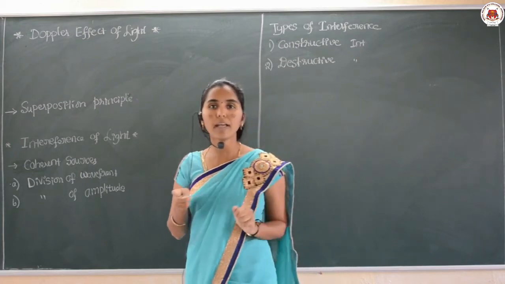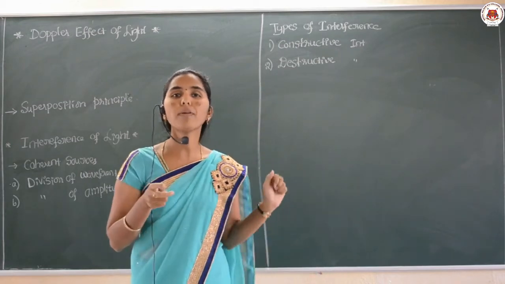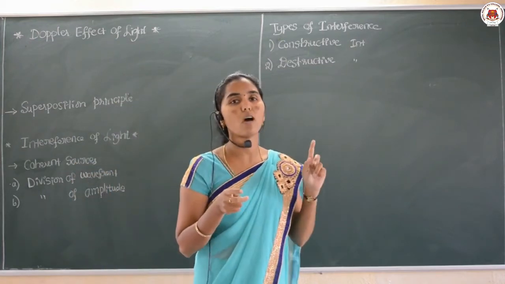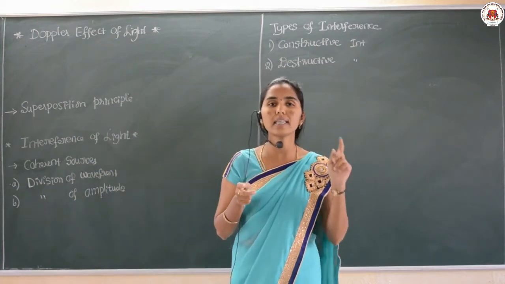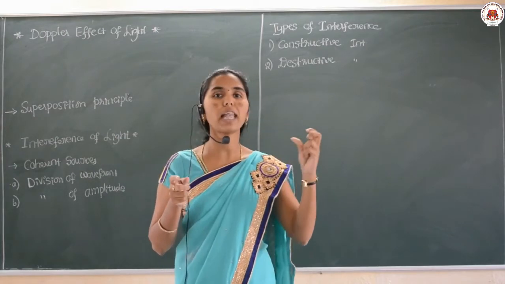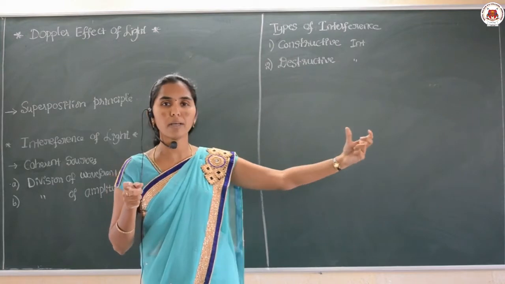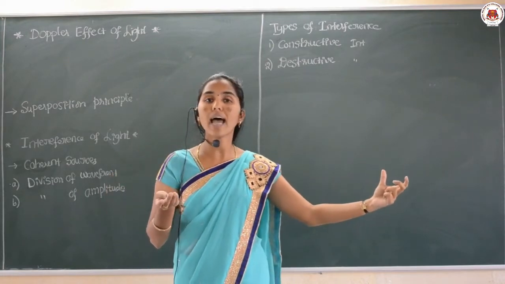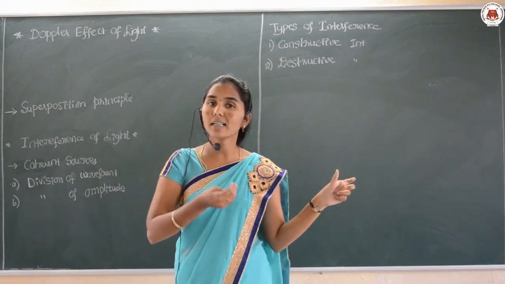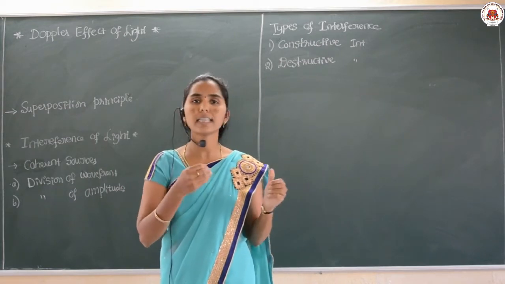But today we are learning the Doppler effect of the light. Here also we take one observer and one source of the light. If the source of the light is taken away from an observer, you know that the wavelength of the light rays reaching the observer is increased.